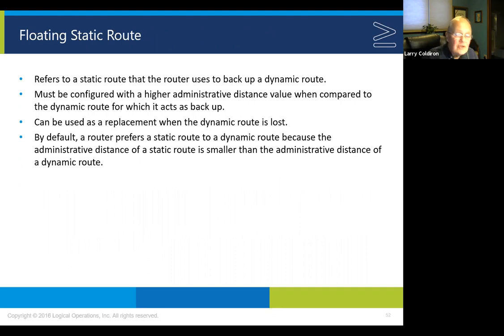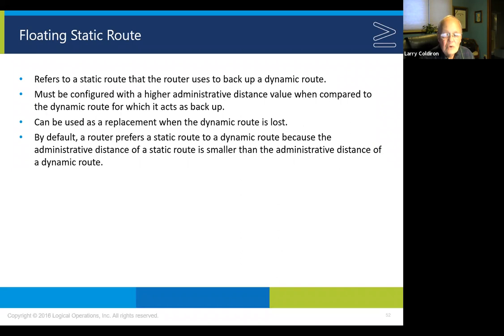This is something that you may want to do, the floating static. This is a static route that backs up a dynamic route. Now, think back to the administrative distance. The static route administrative distance was 1. The best dynamic routing protocol administrative distance was 90.